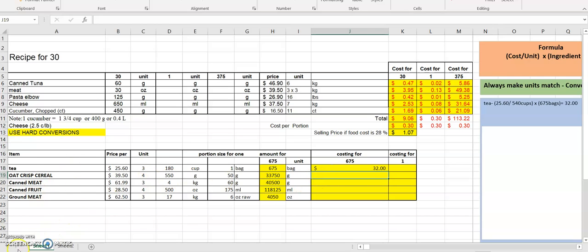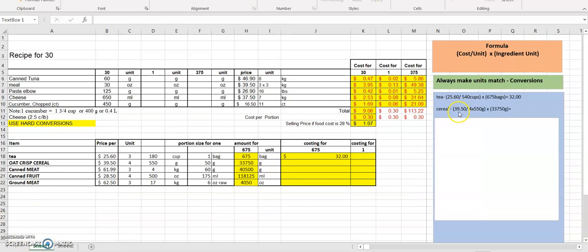Okay, next we have cereal. So here's our cereal. We have 39.50, and then we have 4 times 550 grams, and then our unit, which is also in grams. So in this case, we're just going to multiply 4 by 550 to give us 2200.